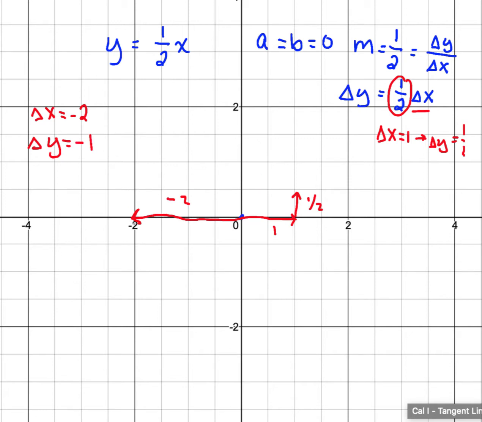So I go down 1 unit in the y direction. So this would be another point on the line.